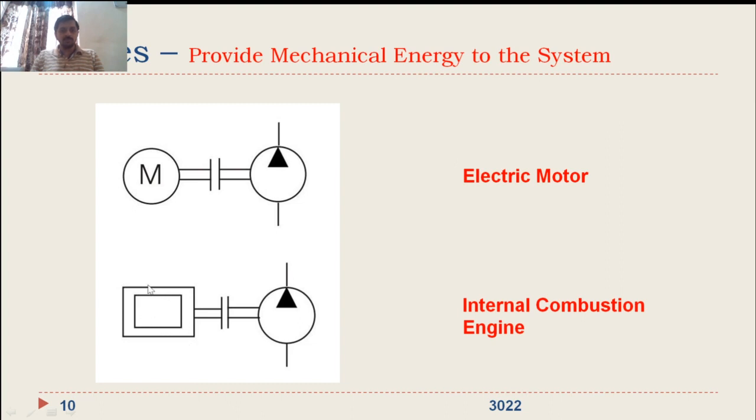A small offset is given to the larger rectangle, so it becomes an IC engine. So this is a drive system. An electric motor or internal combustion engine can give power to the pump, or to different types of pumps or compressors. So these are all the first energy conversion elements in a hydraulic system.